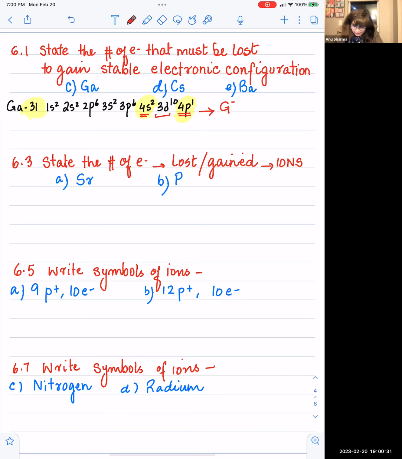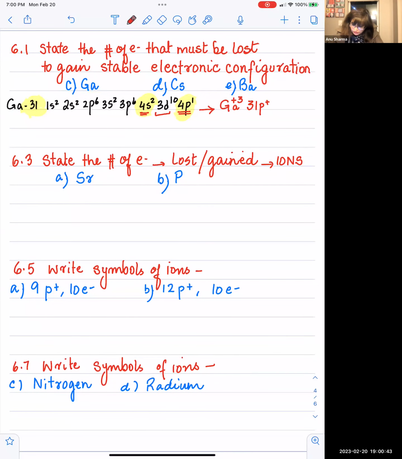Gallium will get a +3 charge, with 31 protons and 3 fewer electrons. So this becomes 28, that is 28 electrons. That's how it gets a 3+ charge, because 3 protons are extra. So that's for gallium.